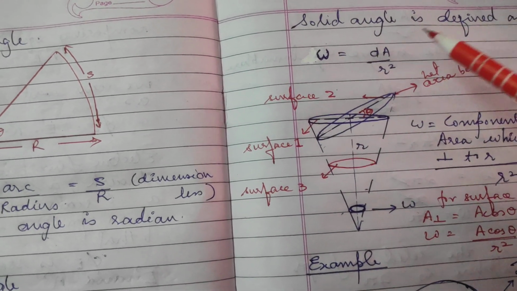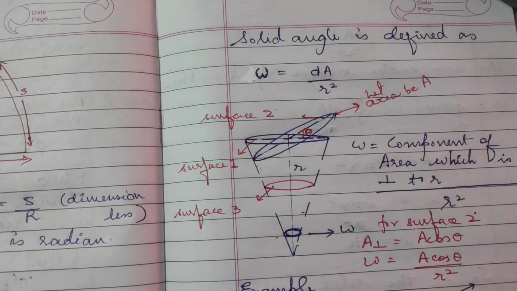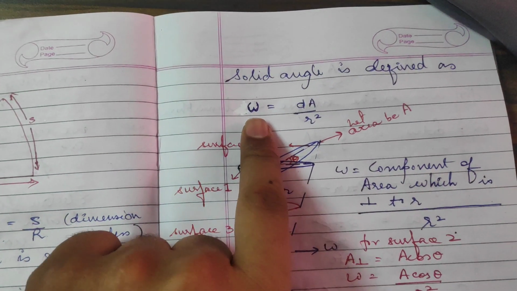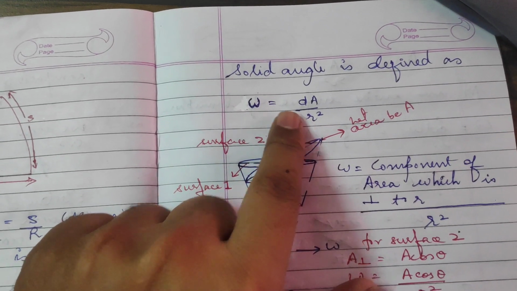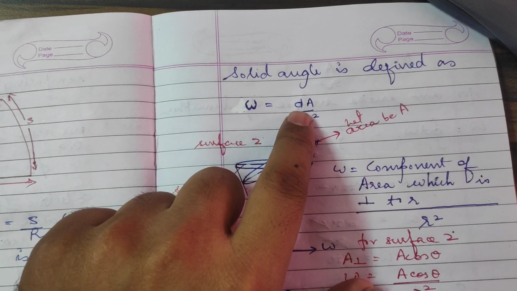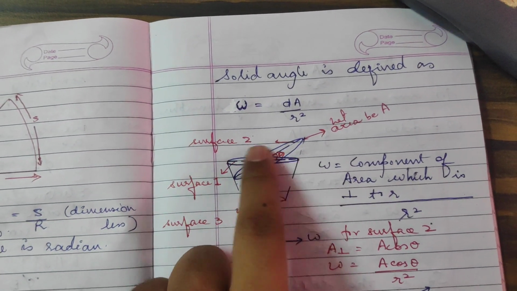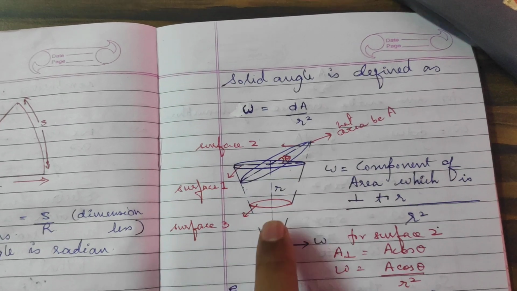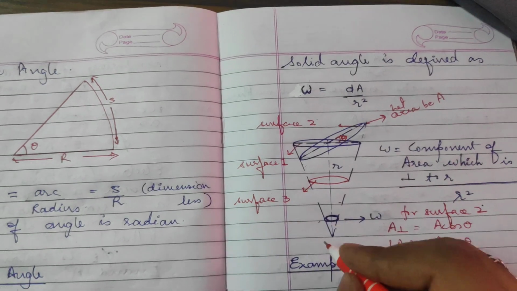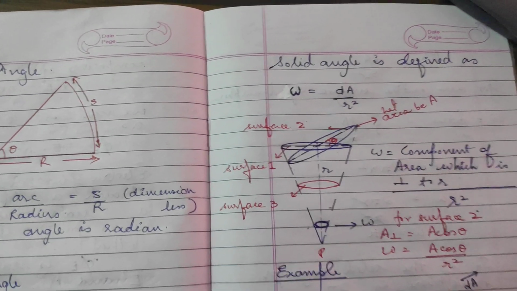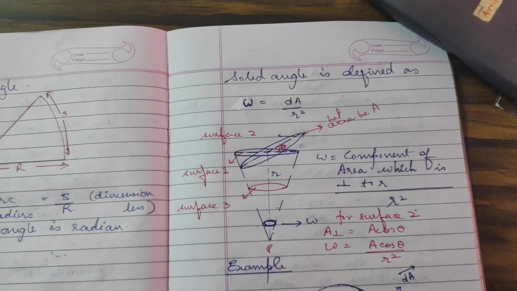The solid angle is represented by omega, the Greek symbol, and the formula is given by the ratio of the surface subtended at a point P. Let's call this point P.